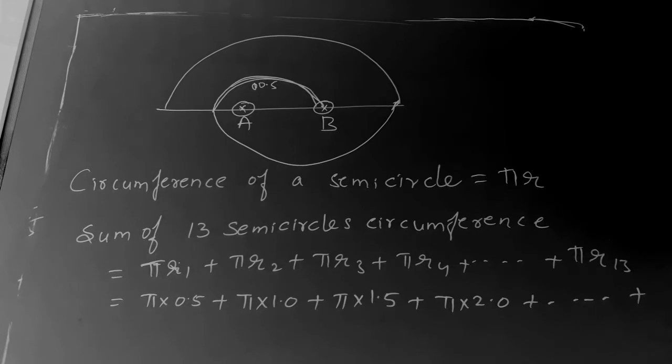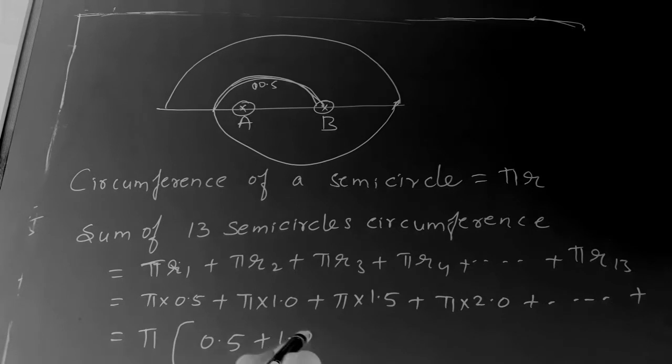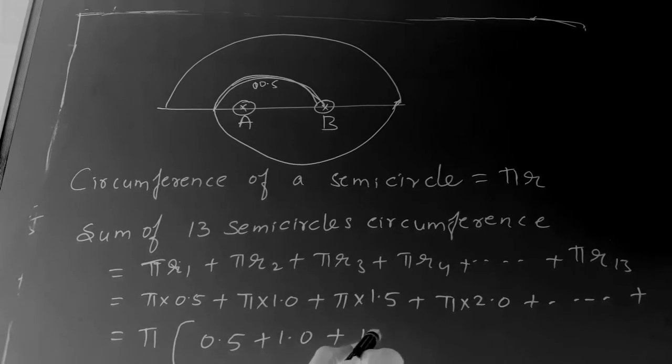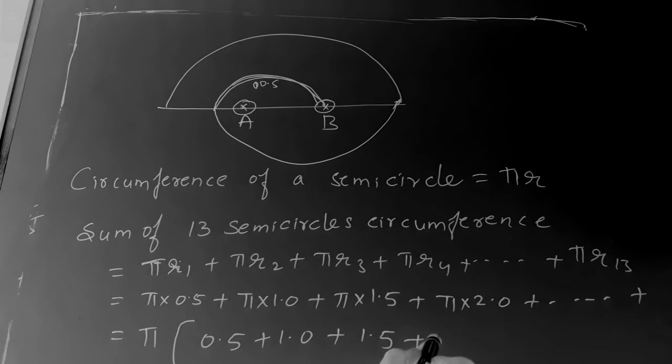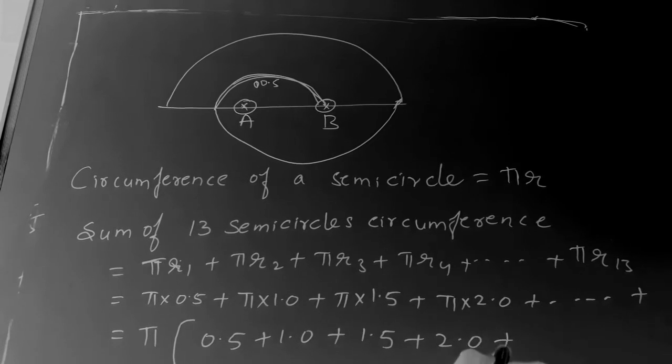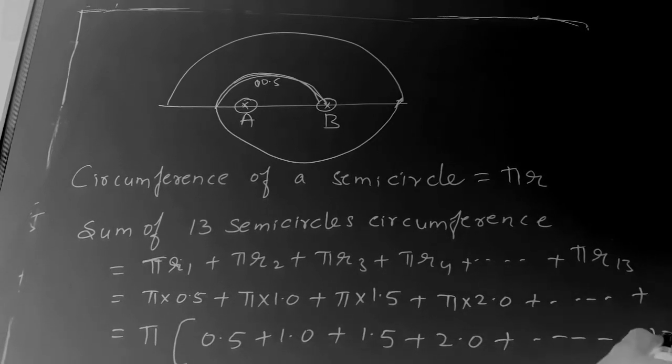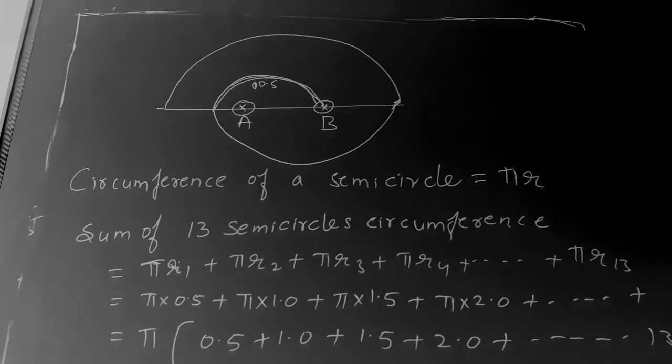Taking pi common, the remaining will be 0.5, 1.0, 1.5, 2.0 and so on up to 13 terms.